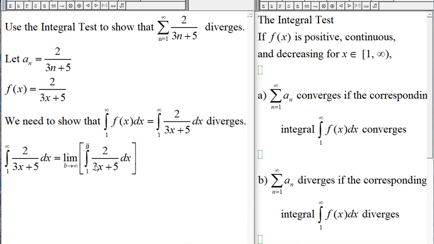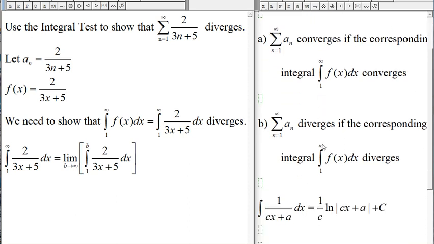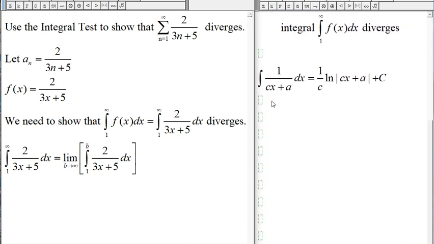And now we need to find this integral. Recall that we have a formula that looks like this. If we have the integral of 1 over cx plus a, then this is 1 over c times the natural log of cx plus a. So this becomes this. We have a 2, so we can move this 2 to the front.